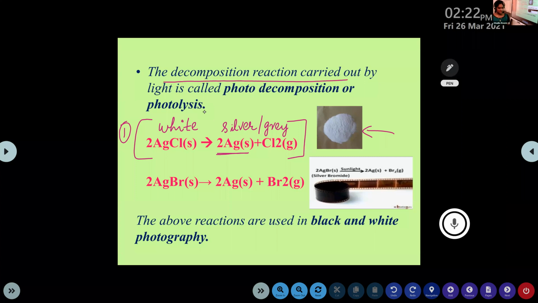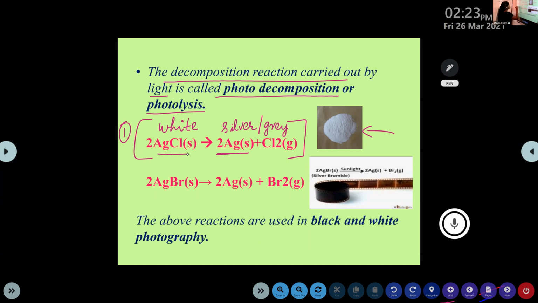So the white colored substance is turned into gray or silver color in the presence of sunlight. So here the decomposition reaction occurs. What's the definition of decomposition? A single reactant breaks down to simpler products. Here also a single reactant, that is AgCl, breaks down to simple products, that is silver and chlorine.